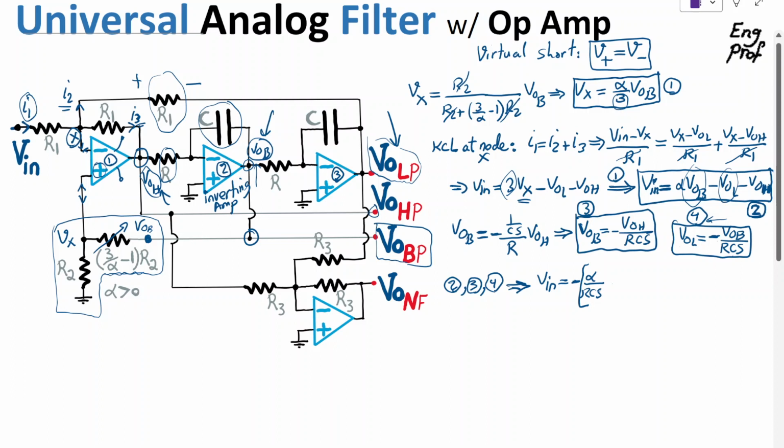So effectively I get plus, and there is a negative factored outside, don't forget about it, 1 over R square C square S square. And finally, for the last component, I just keep the minus V out, which is plus 1, because the negative is factored out, and then times V out high pass.